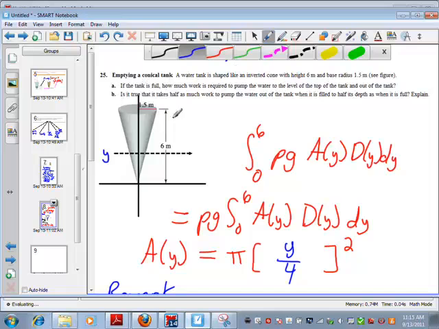The integral from 0 to 3 versus the integral from 0 to 6 does not give half the answer. I think it's pretty obviously no.